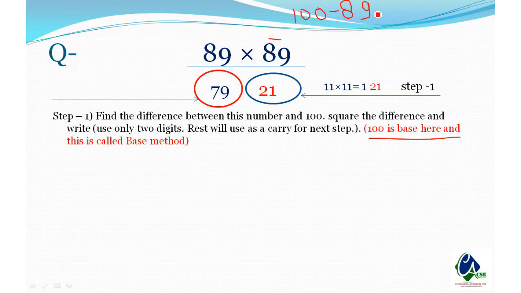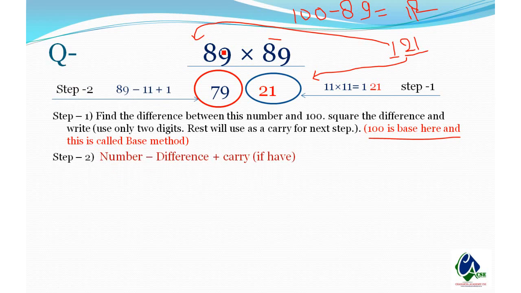What is the difference? The difference is 11. What is the square of 11? 121. We know it, but here we use only 2 digits. We need only 2 digits. The 1 digit will be used as a carry for the next step. See what is the next step?